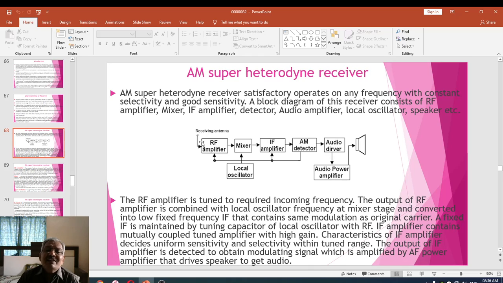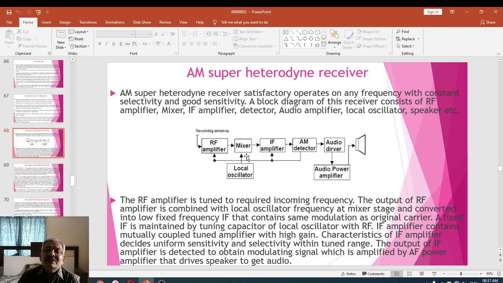That signal contains the carrier wave and modulating signal. Such an AM modulated wave, we have studied in AM modulation in topic number 2. That signal, after being processed in RF amplifier, by obtaining the required gain, the signal is named as FS and that is given to the mixer stage.